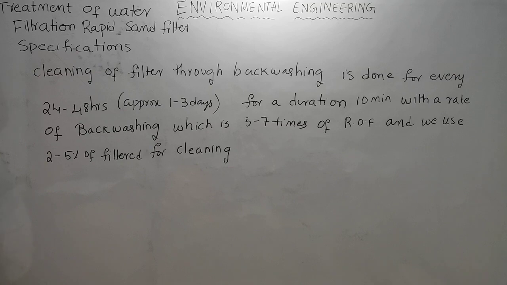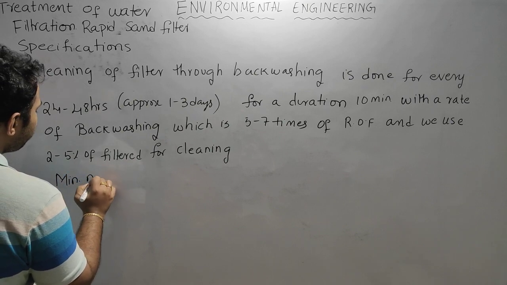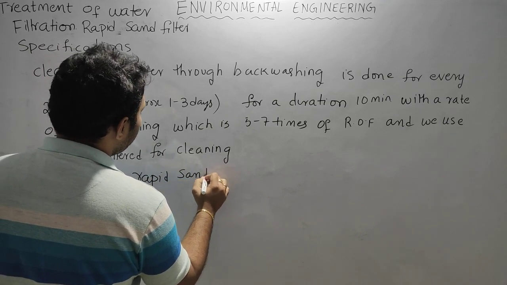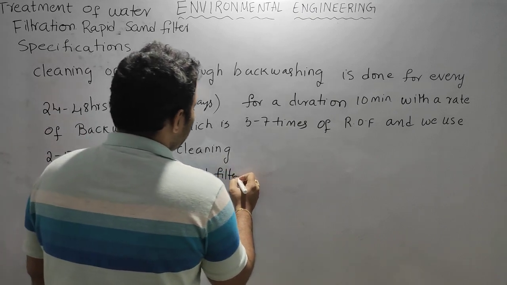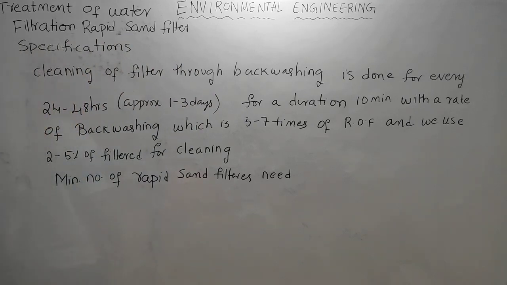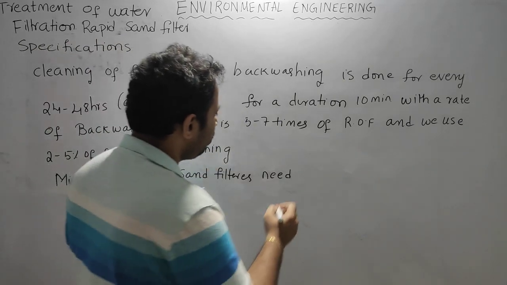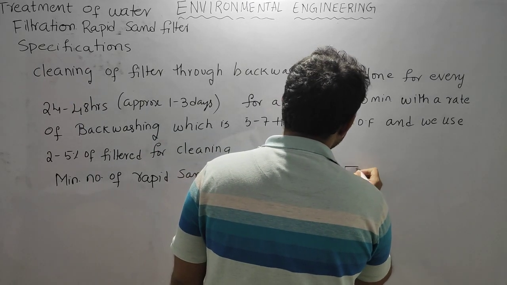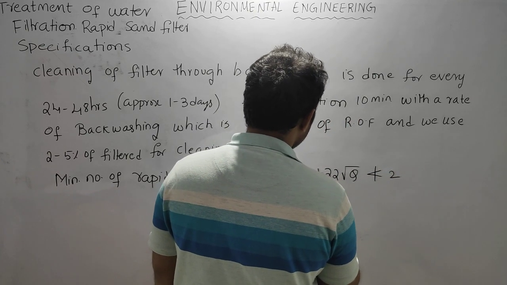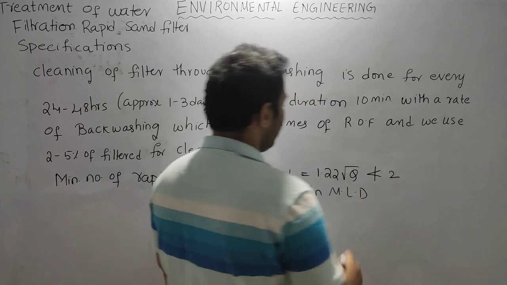There is another small formula to fix the minimum number of rapid sand filters needed. The minimum number of rapid sand filters for a community is given by an empirical formula: 1.22 square root of Q, and it should not be less than 2, where Q is in MLD, million liters per day.